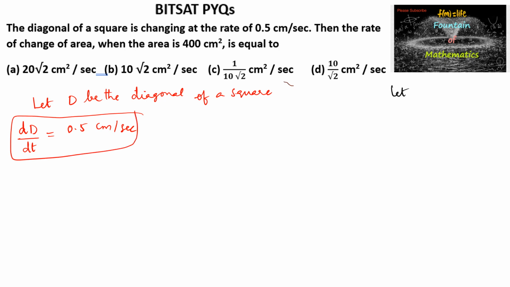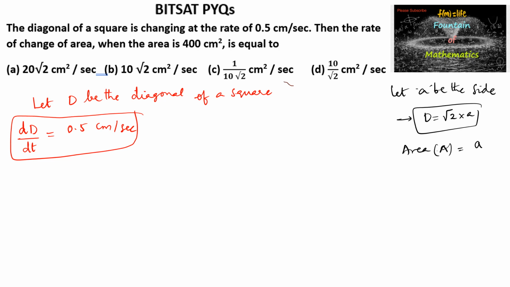Let a be the side of the square. So we have the diagonal D is equal to root 2 into a, and if capital A is the area, then the area of the square is equal to a square.